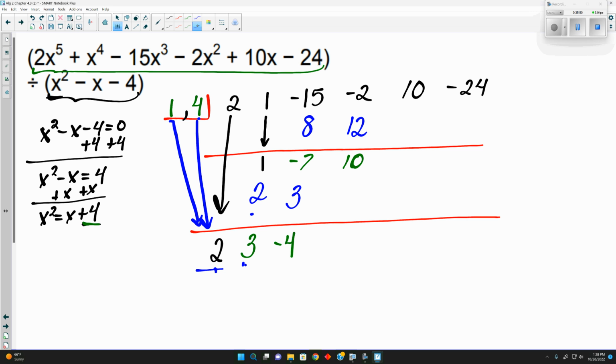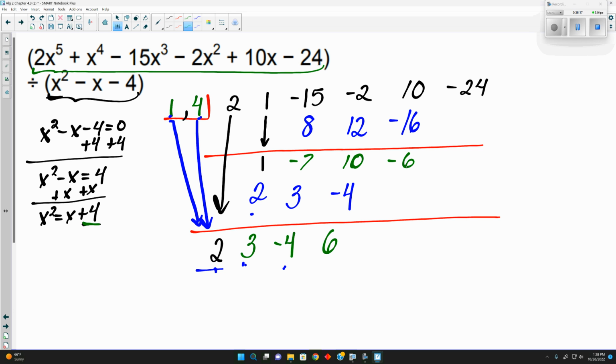We do it again. Now we do 1 times negative 4 is negative 4. 4 times negative 4 is negative 16. We add again. 10 plus negative 4 is 6. 10 plus negative 16 is negative 6.